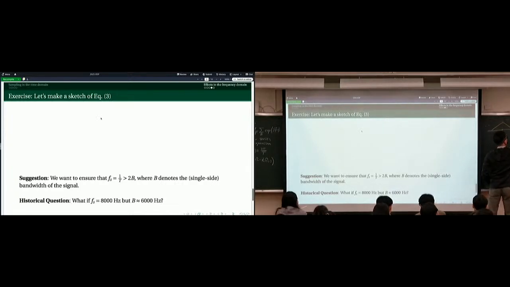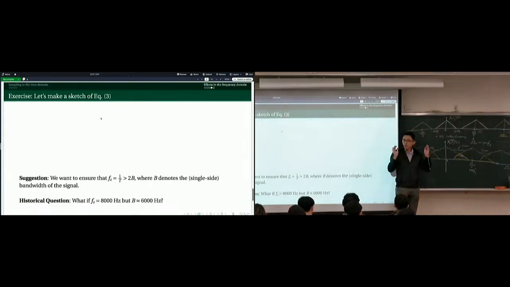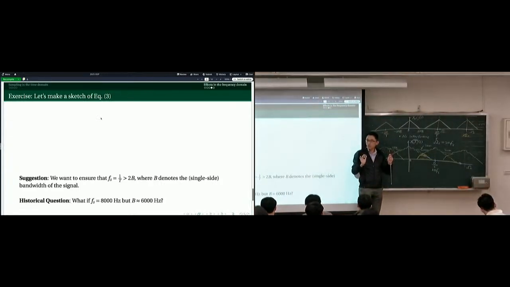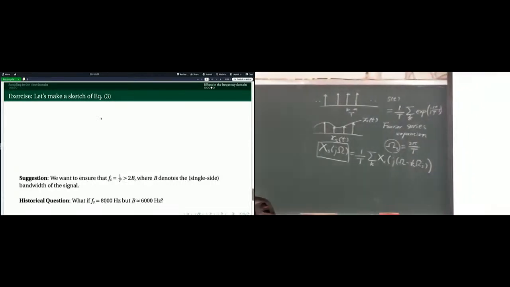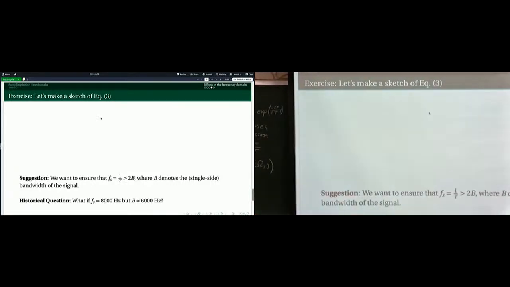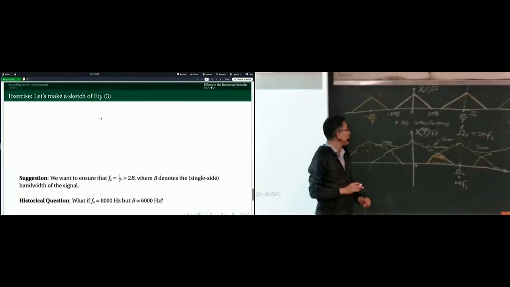The middle part has the same shape, it's not affected. The middle part preserves its spectral shape, right? So what we need to do to reconstruct the continuous time signal is pretty simple.